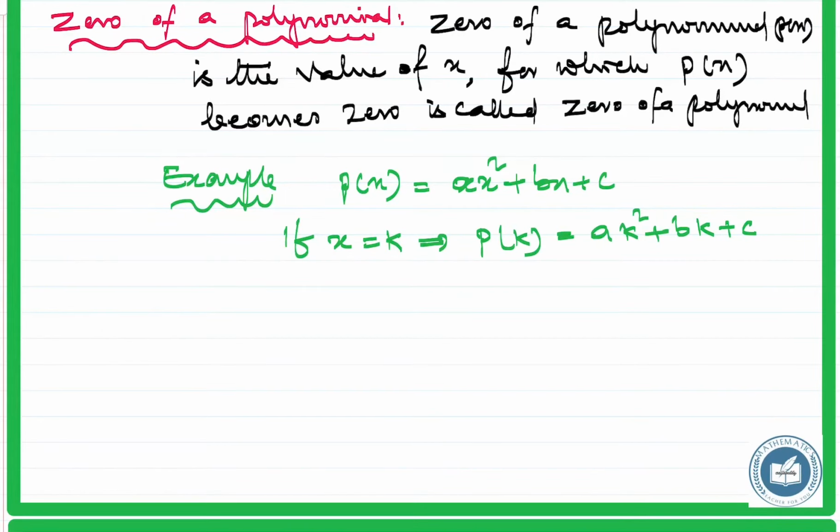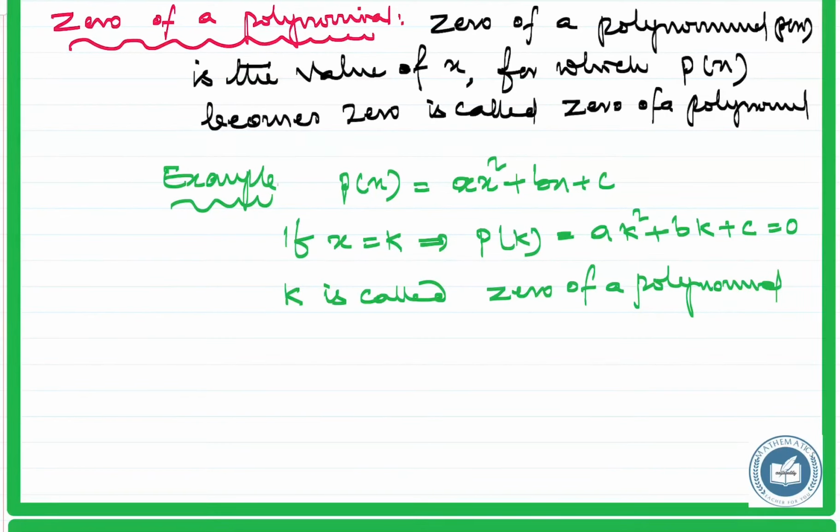If this value equals 0, then k is called a zero of the polynomial.